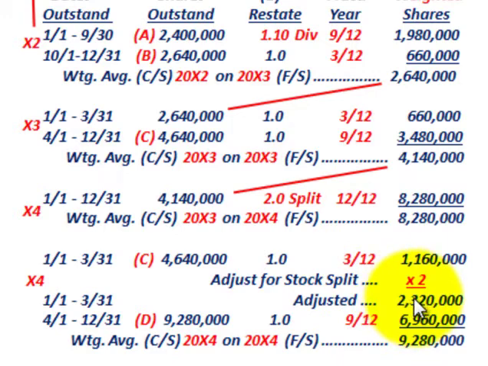That was our adjustment based on that stock split. We got those numbers, and then for the last 9/12 of the year, we had it after the stock split, so that goes into our weighted average. So then our weighted average for 20X4 on the 20X4 financial statements is $9,280,000.